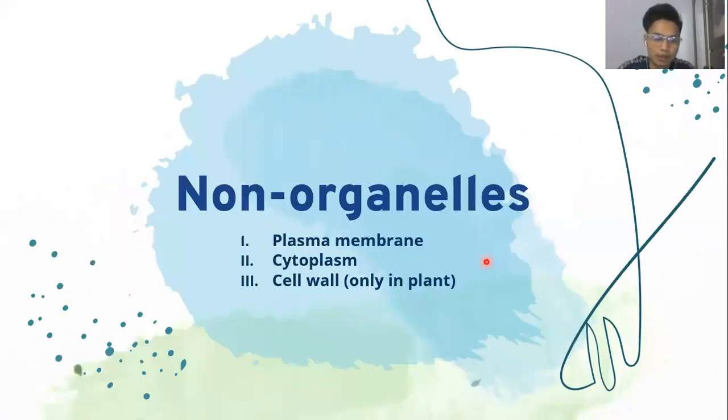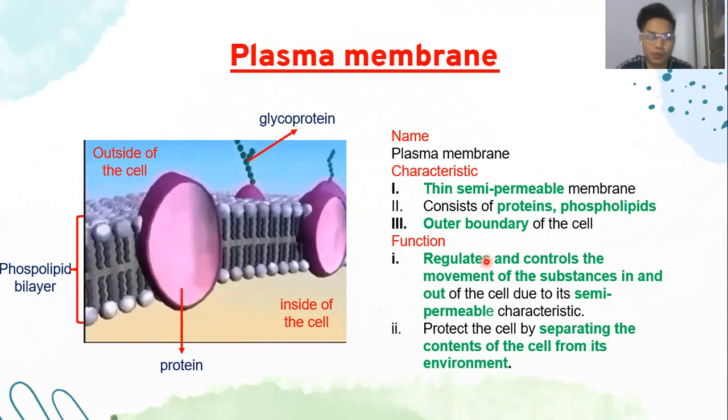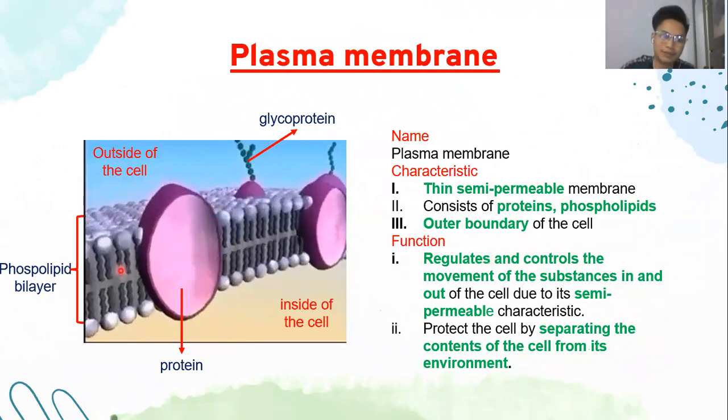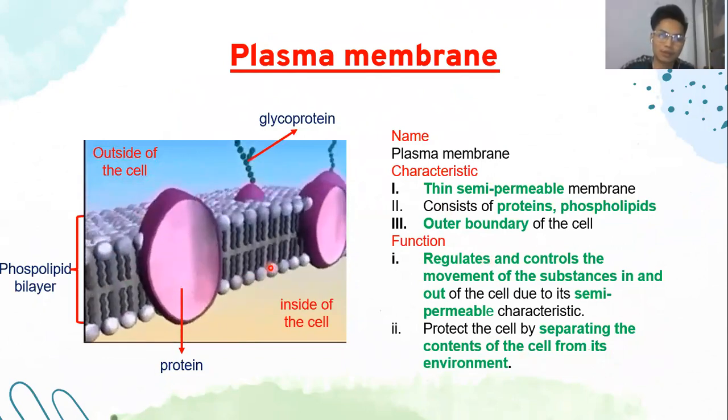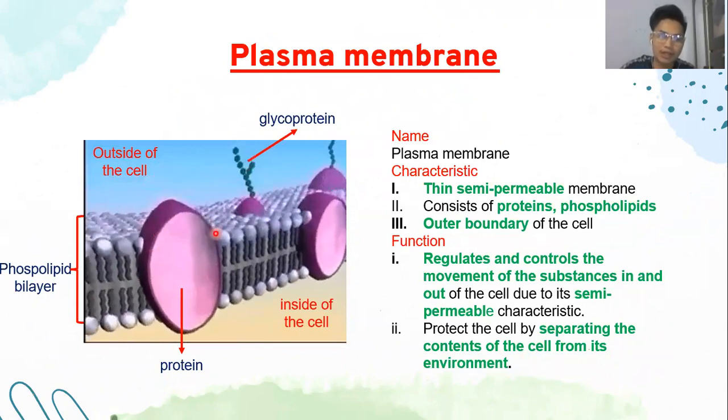So we will look at the structure of the non-organelles, which are three: first, the plasma membrane. You can see here the structure of the plasma membrane. The characteristic is a thin, semi-permeable membrane.